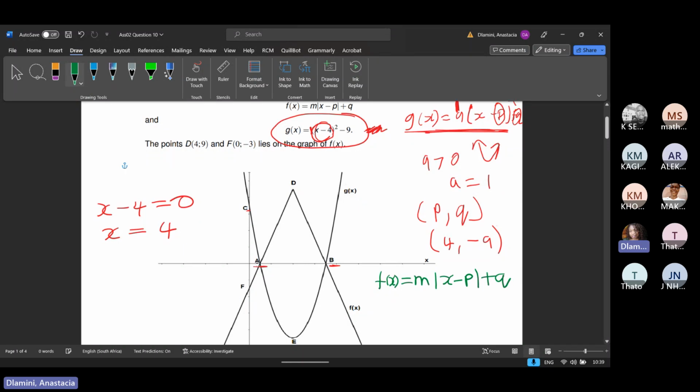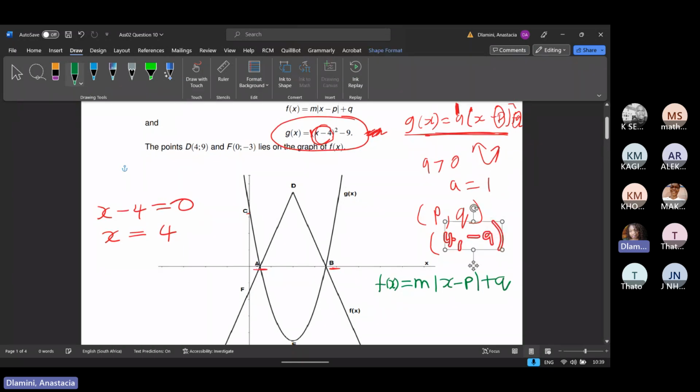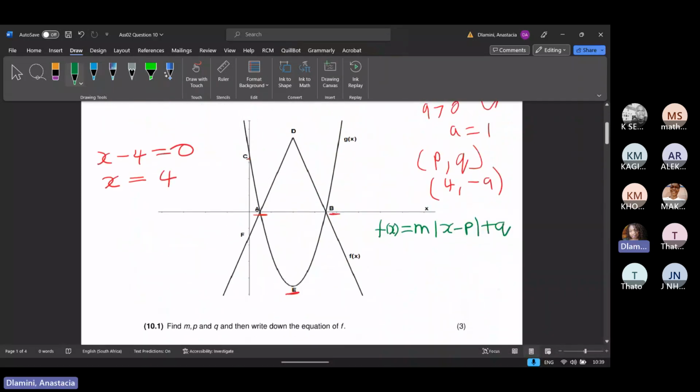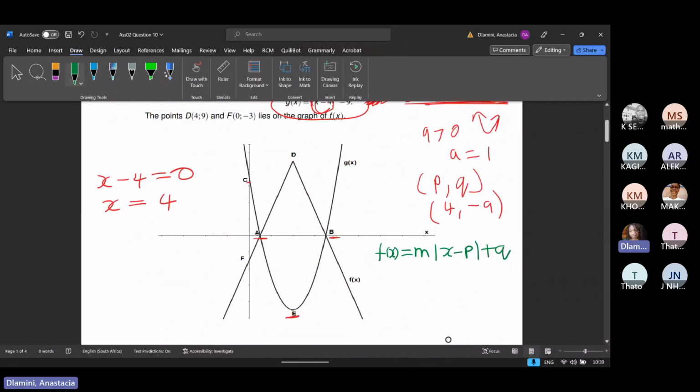Remember what we said about P and Q. Before I go to explaining that part, which graph does f of x represent?